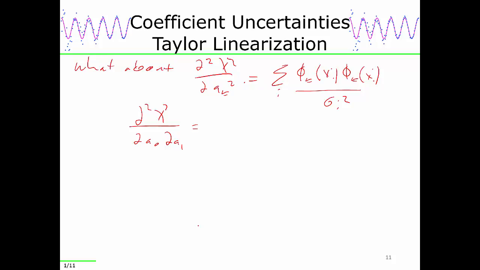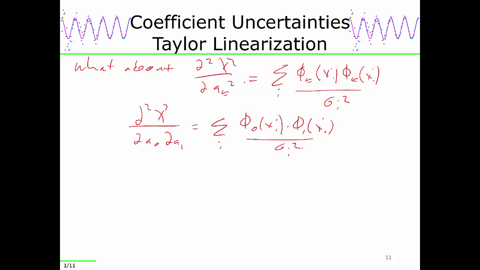What do you think it's going to be with 0 and 1? Yeah, this is going to be a summation over i of phi 0 x sub i times phi 1 x sub i over sigma i squared.